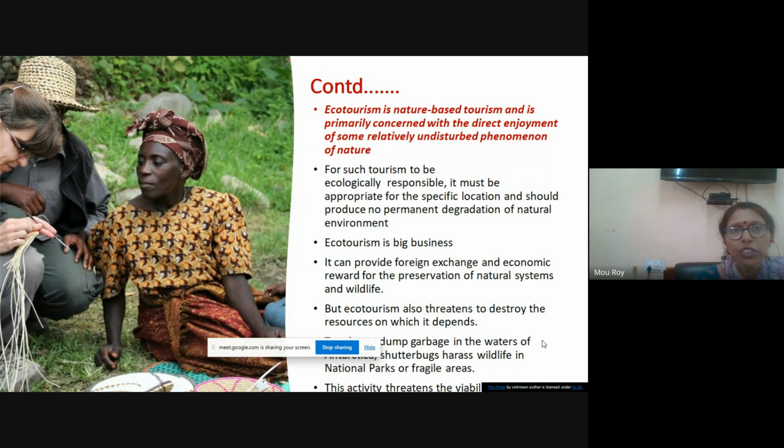Whenever you go to visit any tourist destination, which may be a park or any national sanctuary, you have to pay the fees. Why do you need to pay the fees? You have to pay the fees so that the environment, the particular park or sanctuary, is being taken care of, and also the local community who are working for it are also being taken care of.